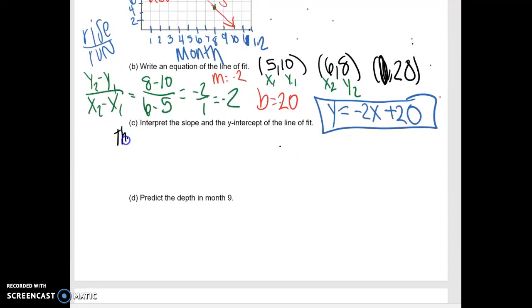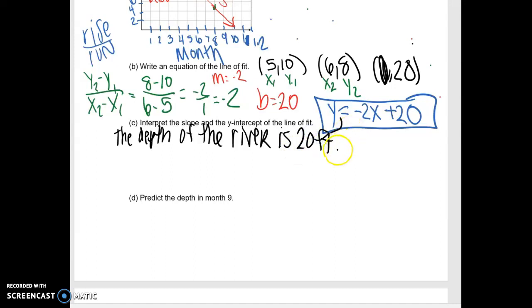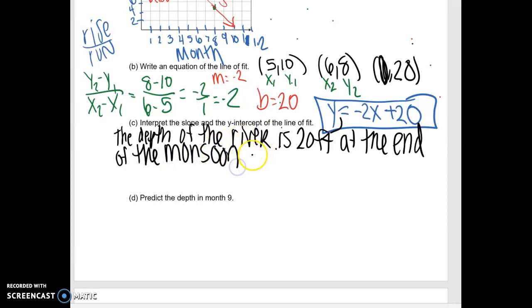So the depth of the river is 20 feet at the end of the monsoon season.